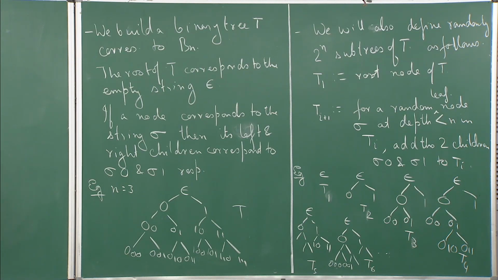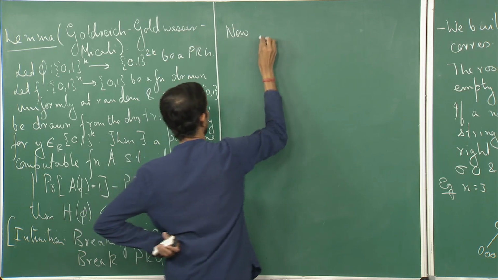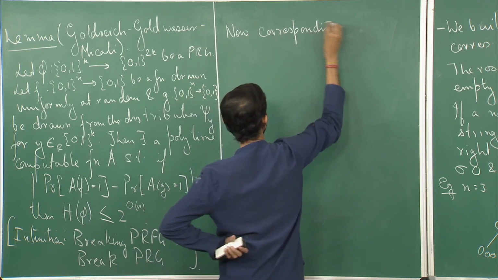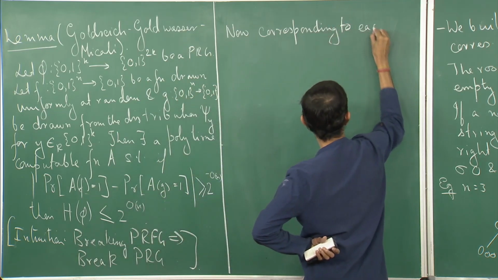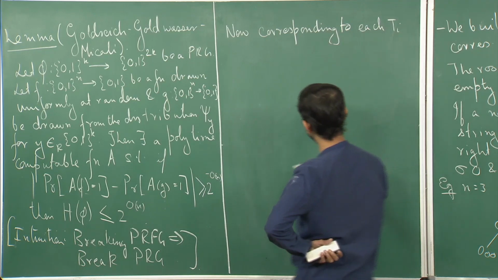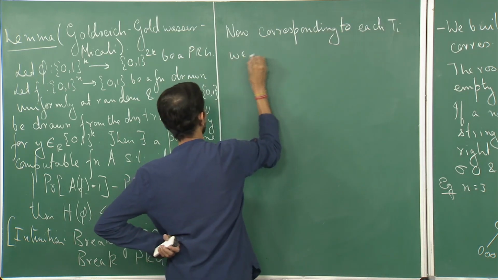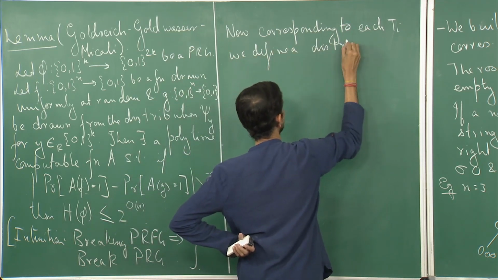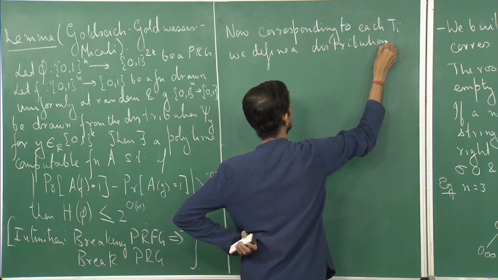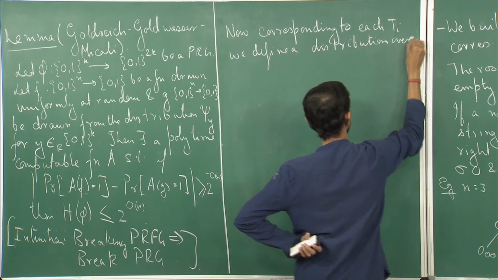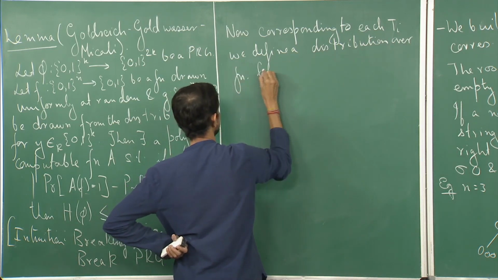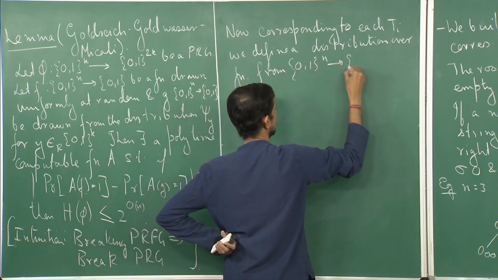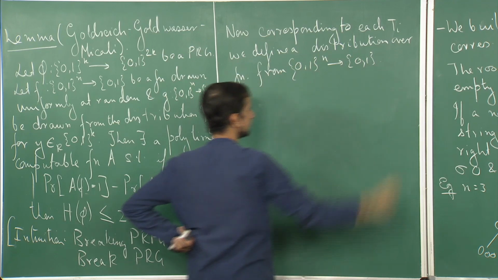So now corresponding to each Ti, we define a distribution over functions from 0 1 to the power n to 0 1.